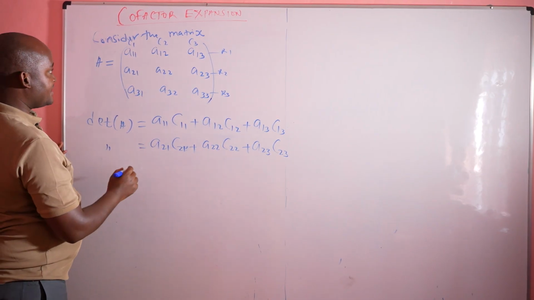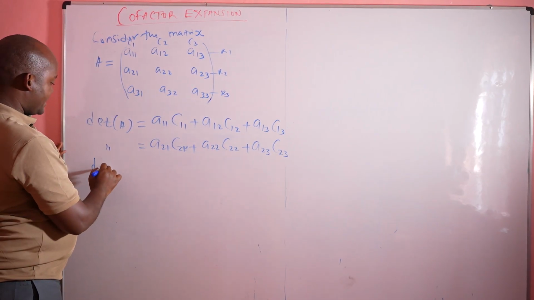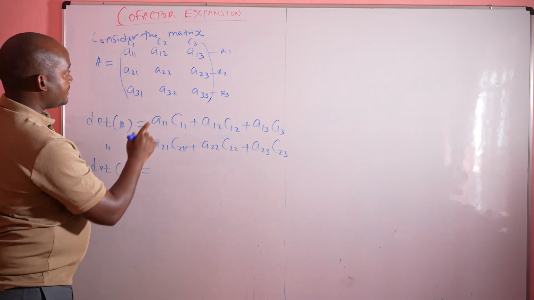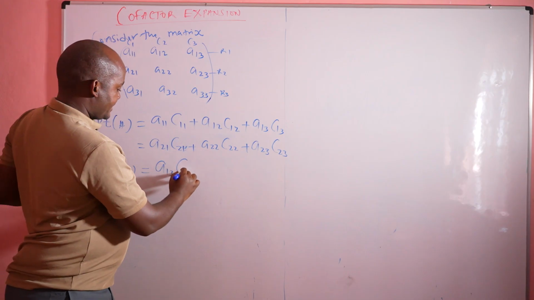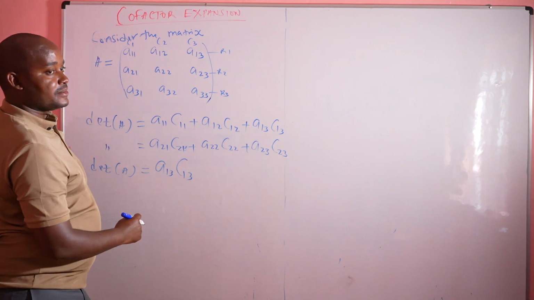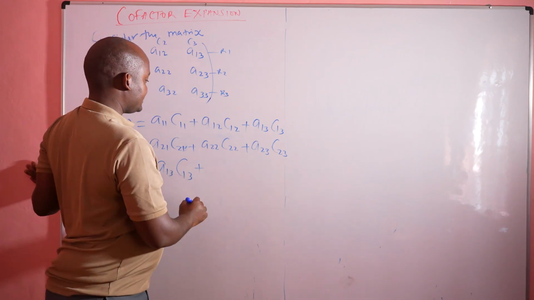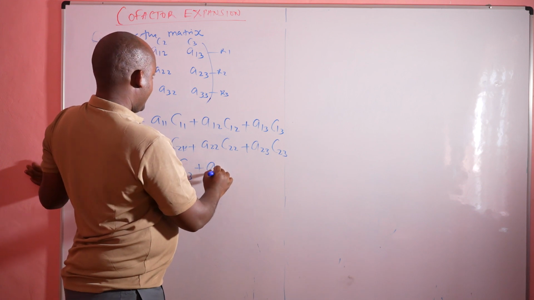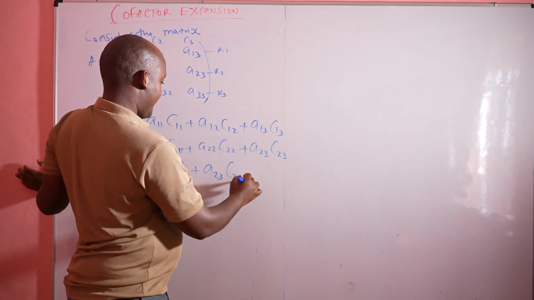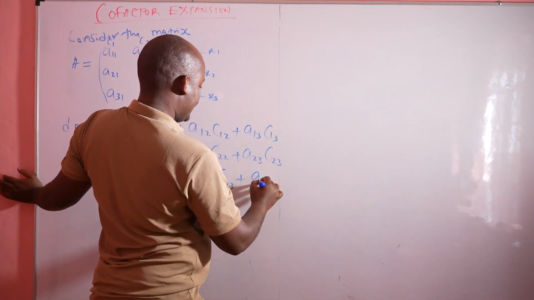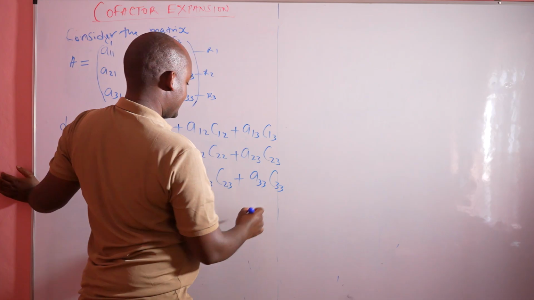For example, if we pick column 3, then the determinant of A will be equal to A13 multiplied by the corresponding cofactor C13, plus A23 multiplied by C23, plus A33 multiplied by C33.